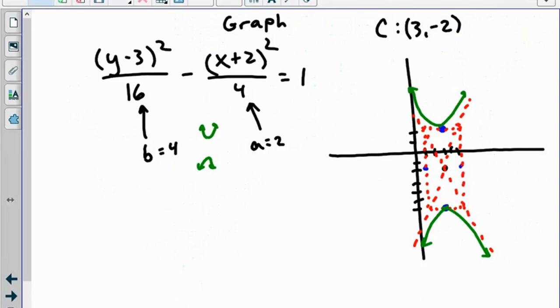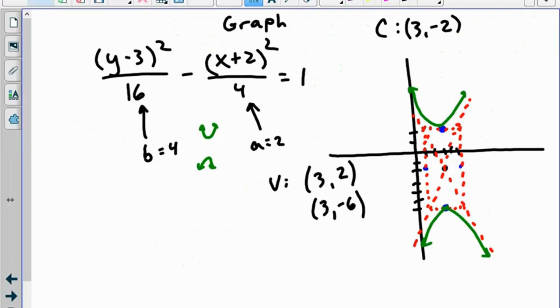Now, let's fill out all of the things that you would be expected to fill out. So our vertices in this problem are going to be up and down 4 from the center. So that means they are at 7, -2. No, up and down, Jason. Up and down. So they would be at 3, 2, and 3, -6.